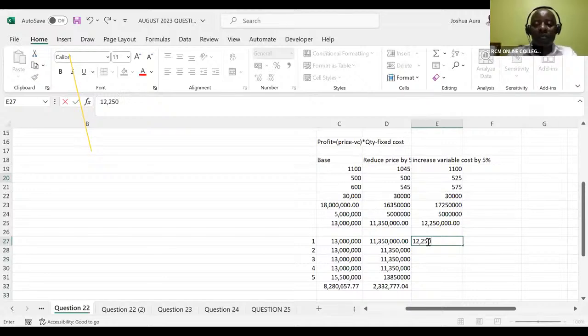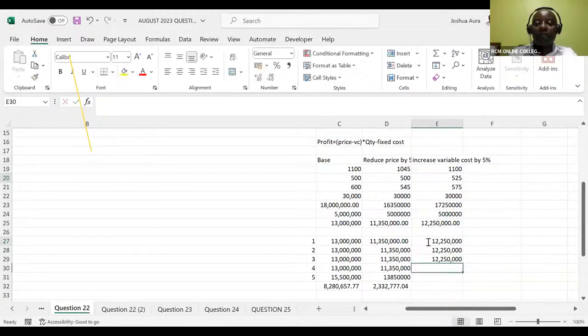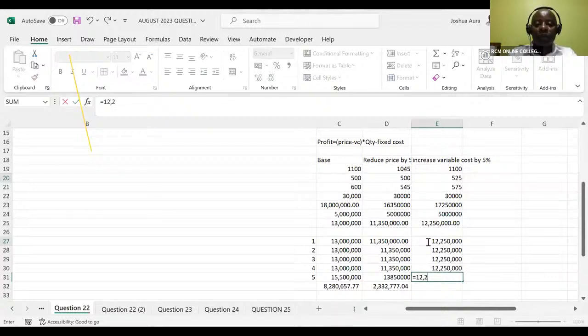So every year, because it's an annuity, I'm enjoying this 12,250,000. We have here equals 12,250,000.